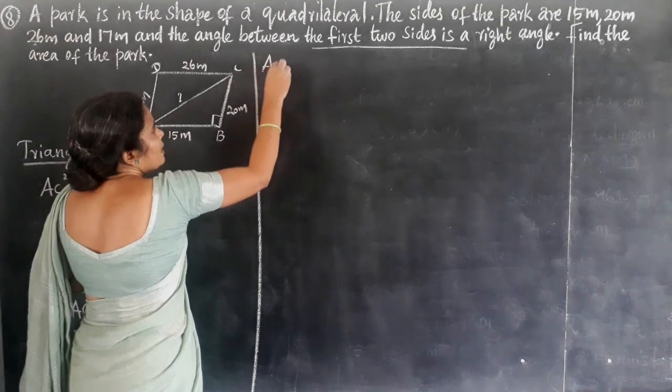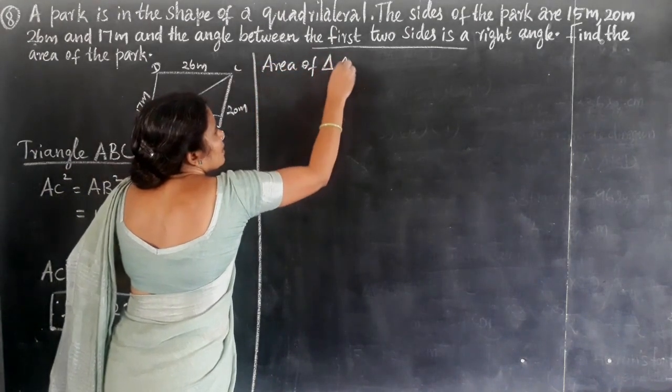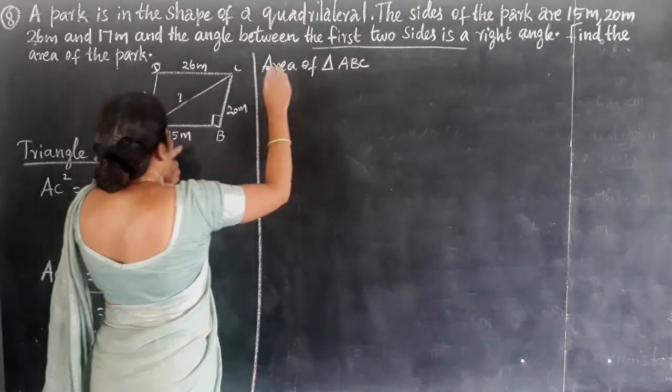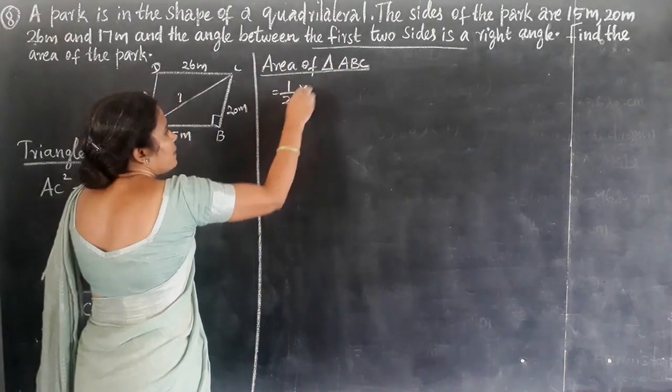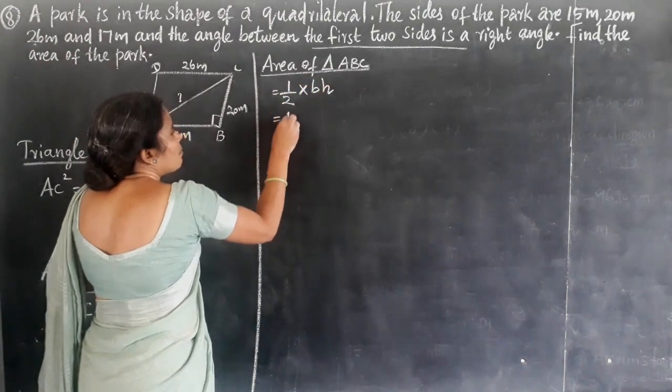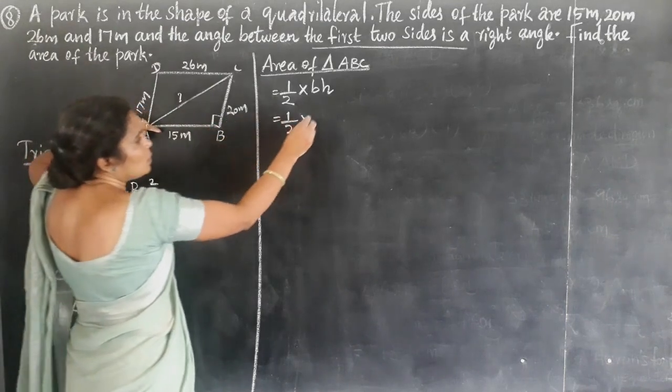So the area of triangle ABC is equal to half base into height. So 1 by 2 of base 15 and height is equal to 20.